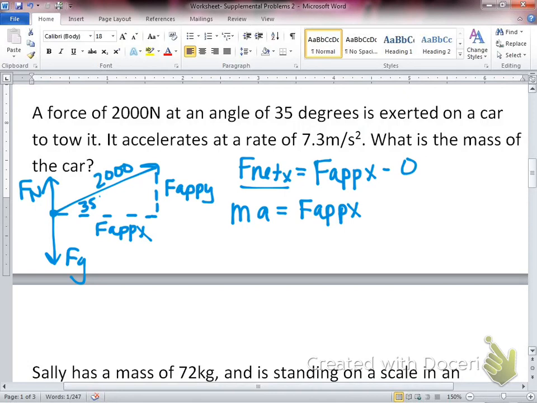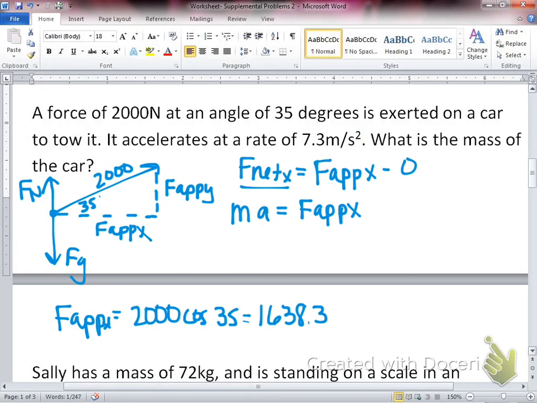I can solve for F applied X by taking 2,000 sine or cosine? Cosine of 35. Okay, which means I'm going to plug that in there.